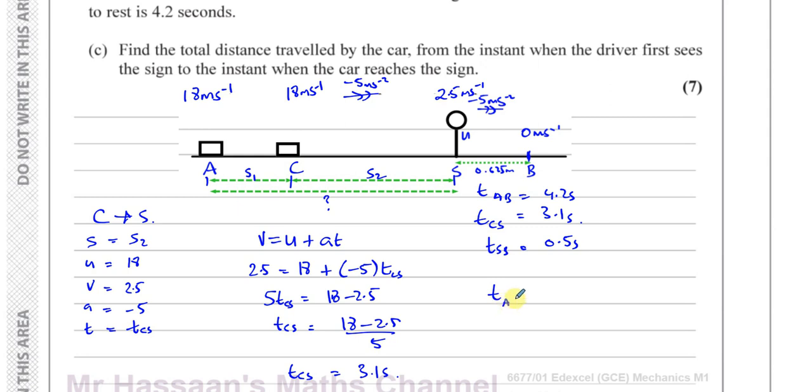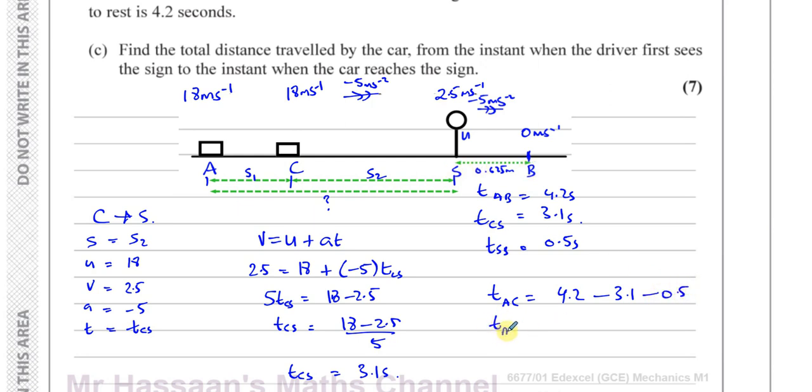So the time it takes for it to go between A and C is going to be basically 4.2, which is the whole thing, take away the time between these two, which is 3.1, and take away the time between those two, which is 0.5.